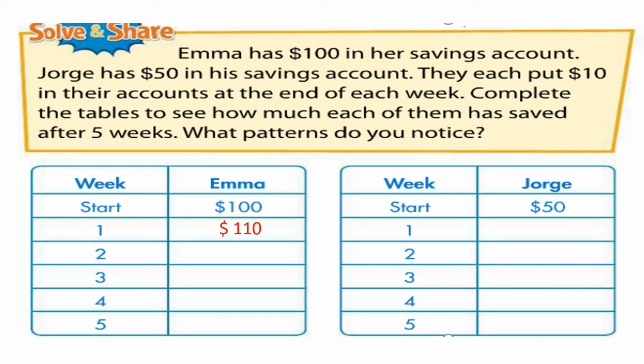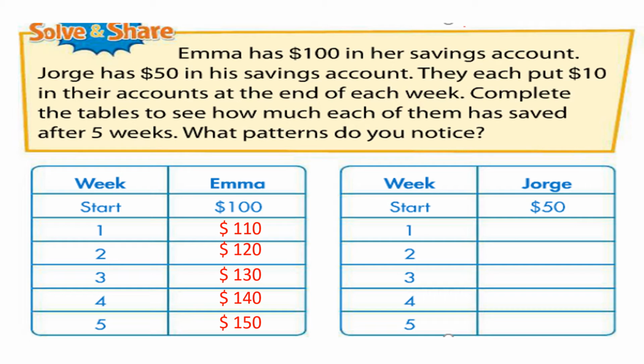Then add another 10 will be 120 for the second week, another 10 will be 130 for the third week, another 10 will be 140, add another 10 will be 150 in the fifth week. So how much money does she save after the fifth week? Exactly, it will be $150.